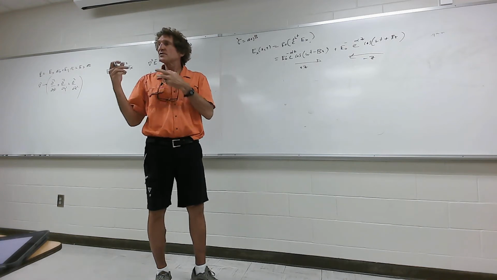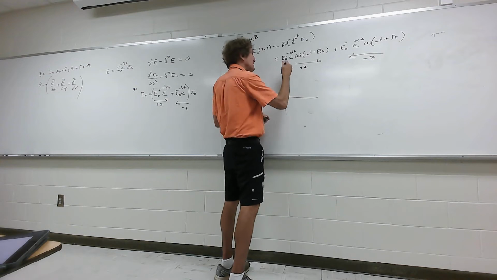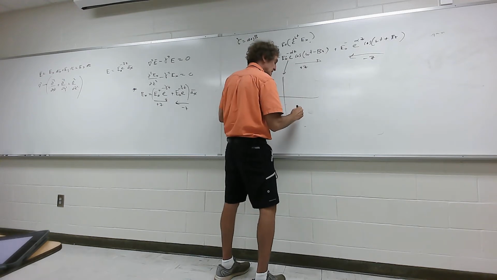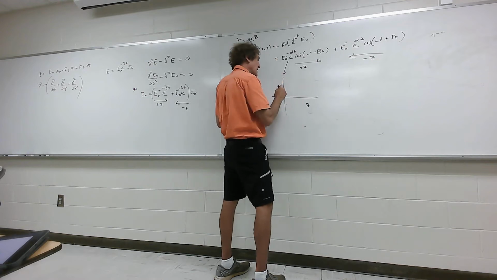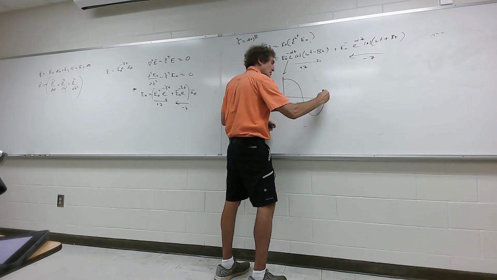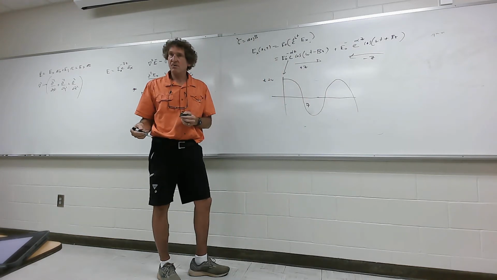Now, when I say that, you should at least have an appreciation for this. If this is this waveform right here, and this is versus z, if I took it at t equals 0, it would look like this, approximately. There'd be some decay, but that would be about what you get. Y'all follow me?